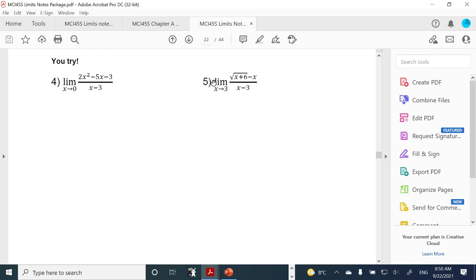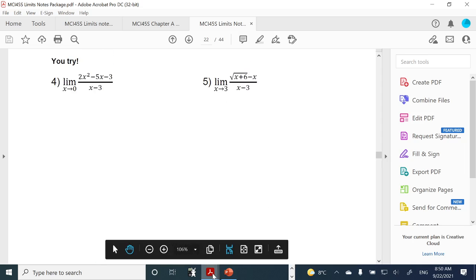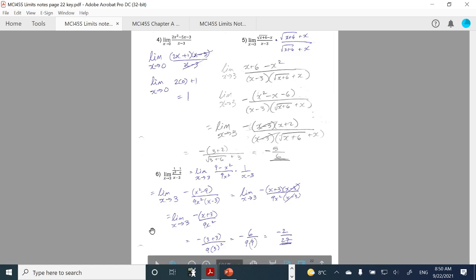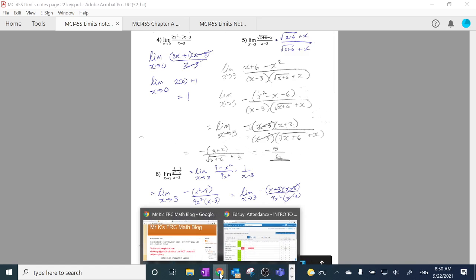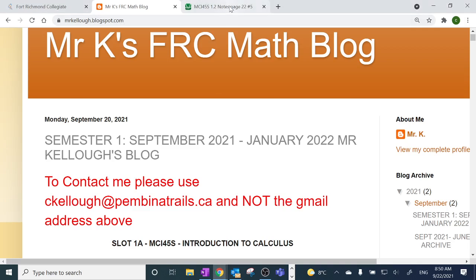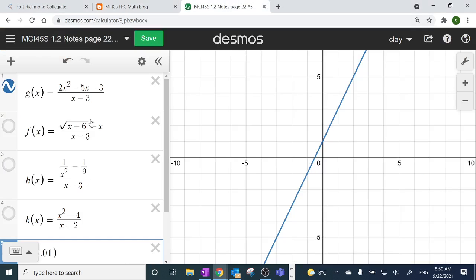If you're not sure of your algebra, if you're looking at this going, I got negative 5/6, but I don't know if negative 5/6 is right, and of course there's no answer key for this, you could have gone to our old friend Desmos and graphed the equation. So here, that's the first one.